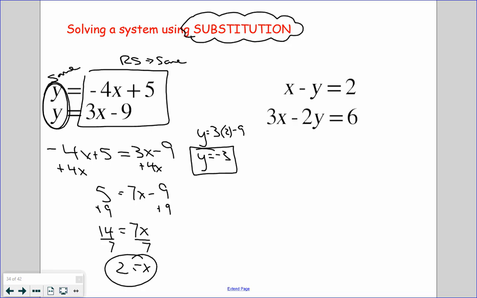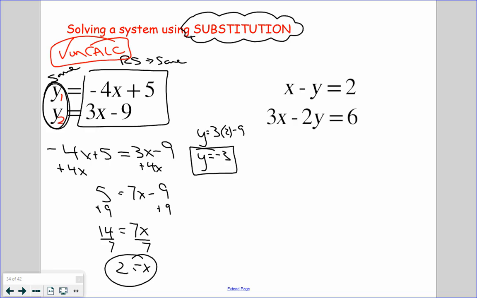Now, there is nothing stopping you from checking on your calculator. You could plug this into y1, this into y2, and they'll intersect at 2 comma negative 3. There's nothing stopping you from doing that. We're just wanting to see the algebra.